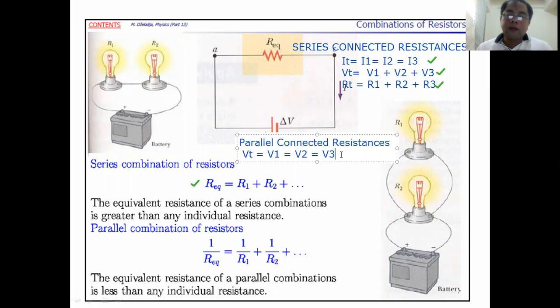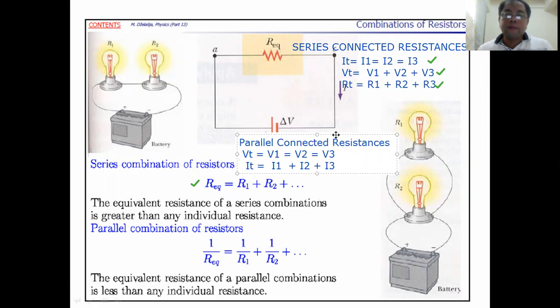Now, for our other characteristic, the current total from the battery is being added together. So the currents are the ones that are being added together.